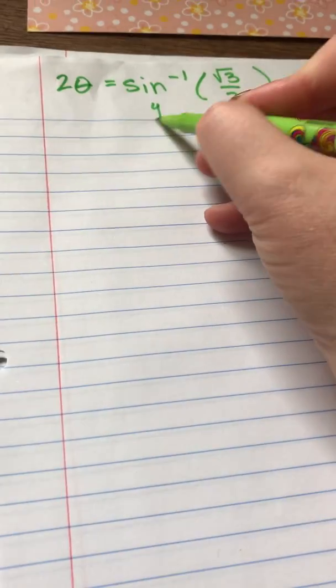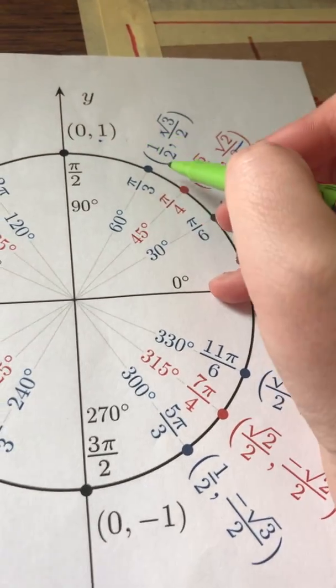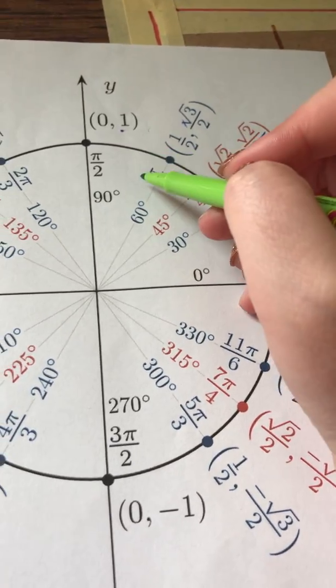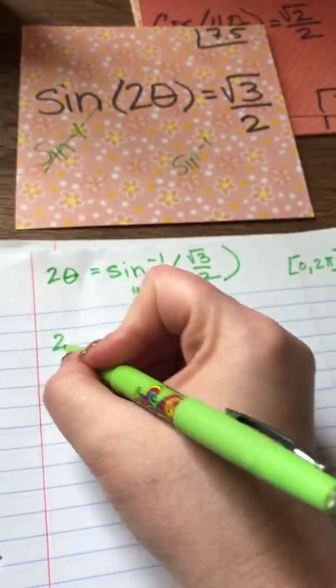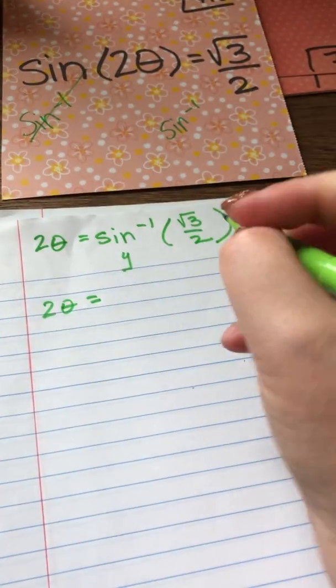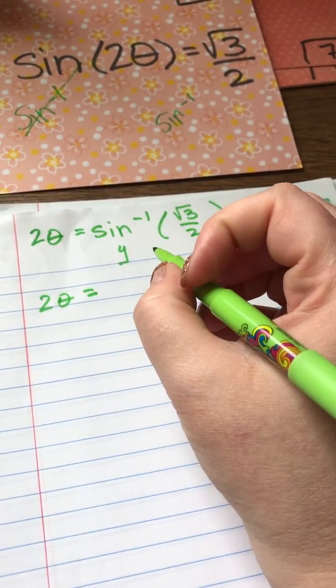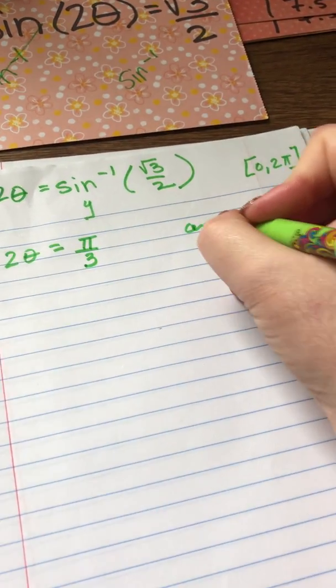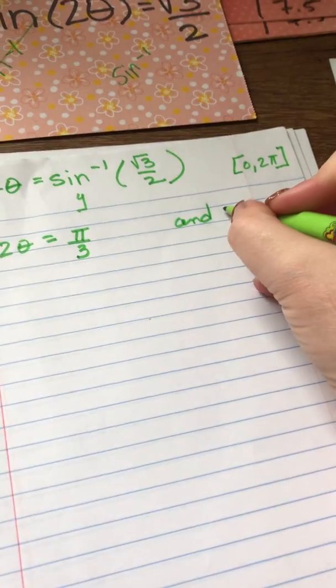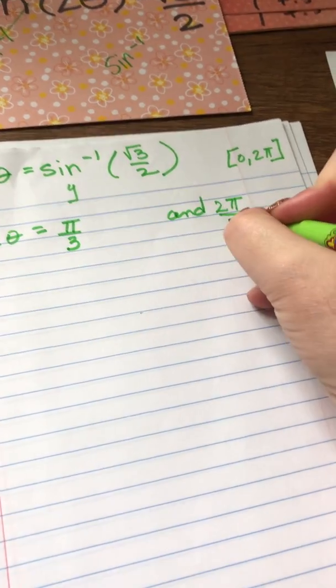Sine is the y value. So I'm going to look on the unit circle for when y is square root of 3 over 2. It's pi over 3 and 2 pi over 3. So we're going to say 2 theta equals pi over 3, and I left a little spot there, 2 pi over 3.